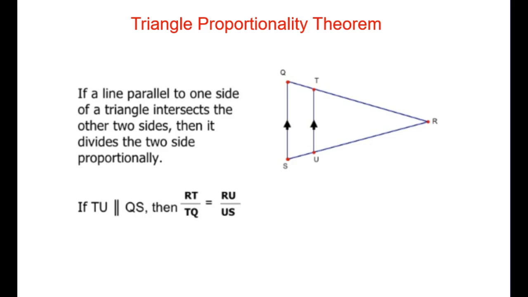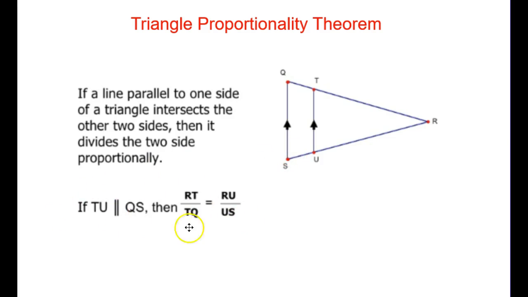The first theorem we are going to discuss is the triangle proportionality theorem. This theorem says if a line parallel to one side of a triangle intersects the other two sides, then it divides the two sides proportionally. So we have line segment TU parallel to line segment QS of this triangle.